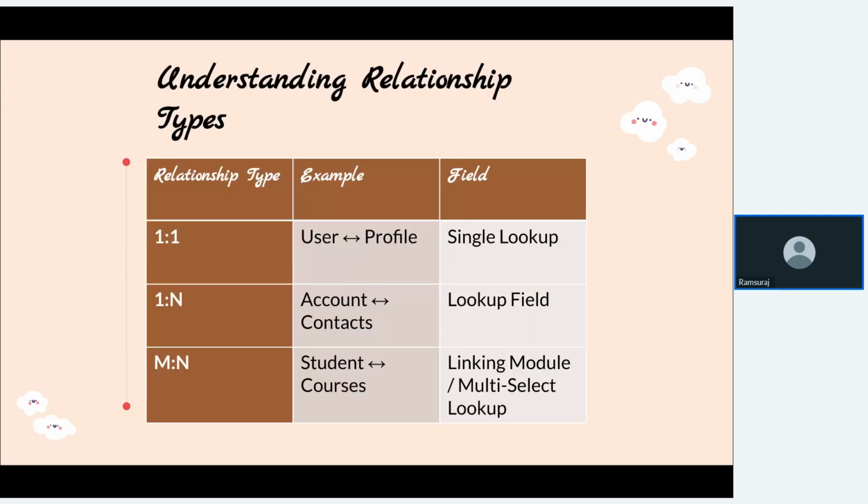So moving on to the next slide, coming to the relationship types. You have three types here: one-to-one, one-to-many, and many-to-many, right?